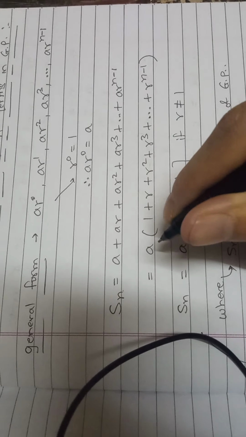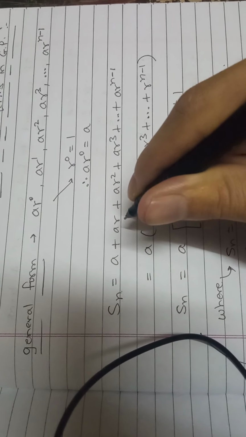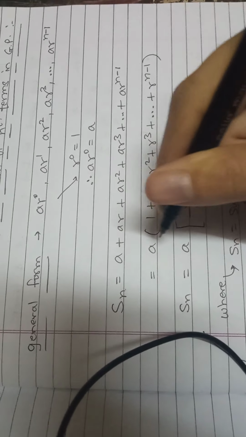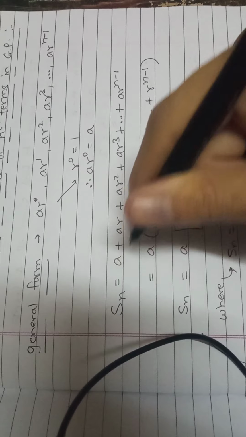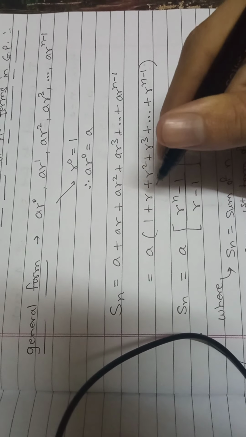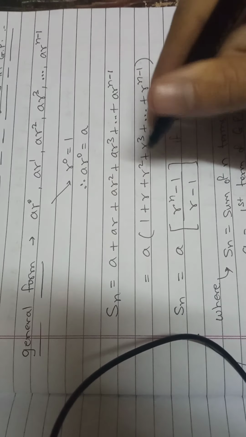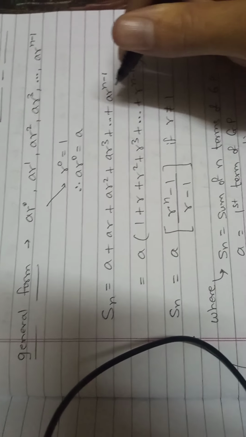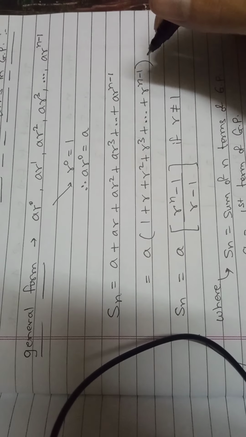We take a common from these terms. Here I put a, then the remaining terms will be here. If I take a out of this, then here is 1, then here is r. If I put a behind that, it is r square. Then it is r cube. Similarly up to n minus 1, then it will be r to the power n minus 1.